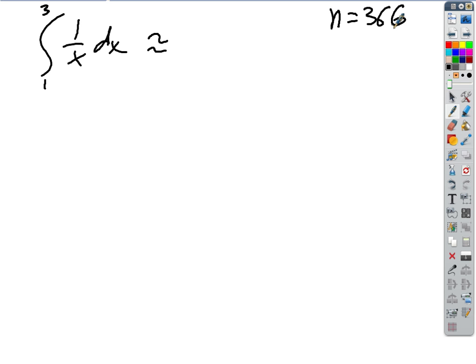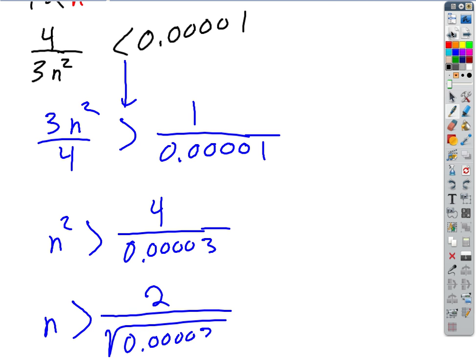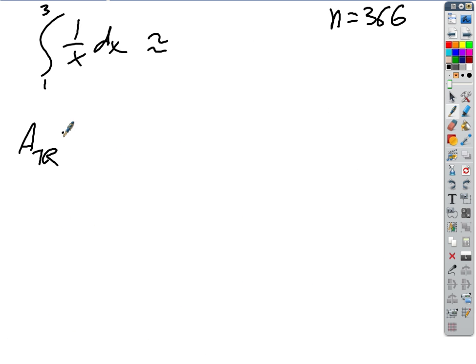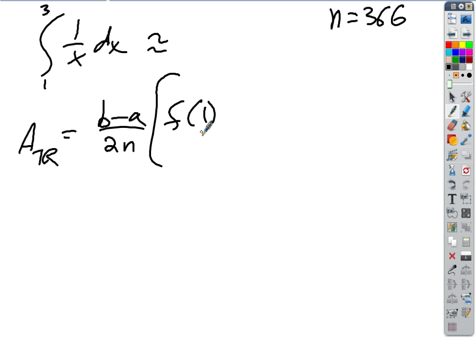Yeah, 1 to 3. Okay, so now we've got our (b minus a) over 2n times f of a plus f of b plus 2 times the interior sum.